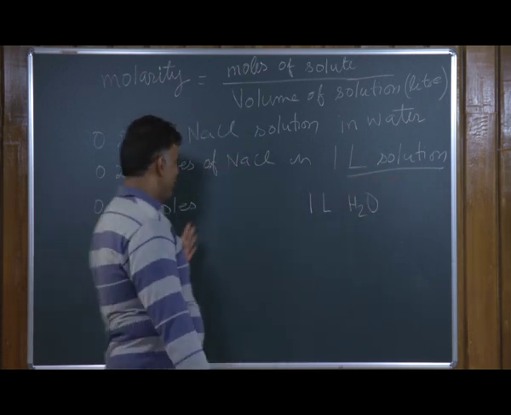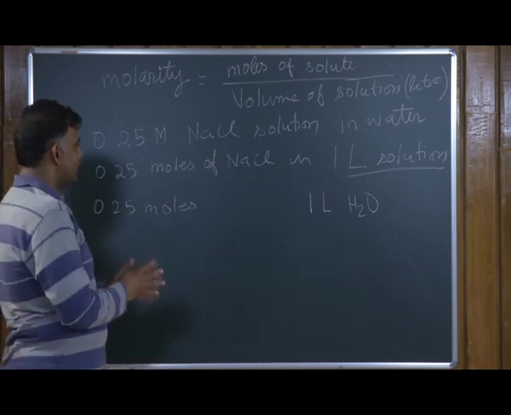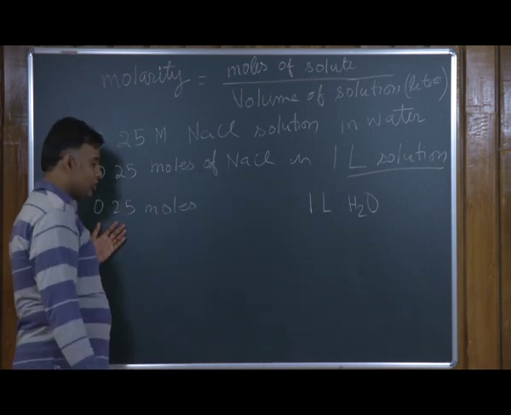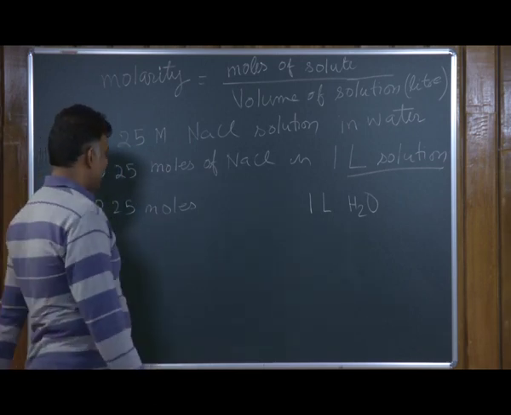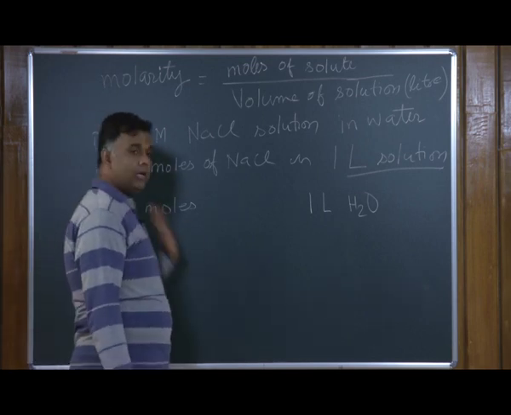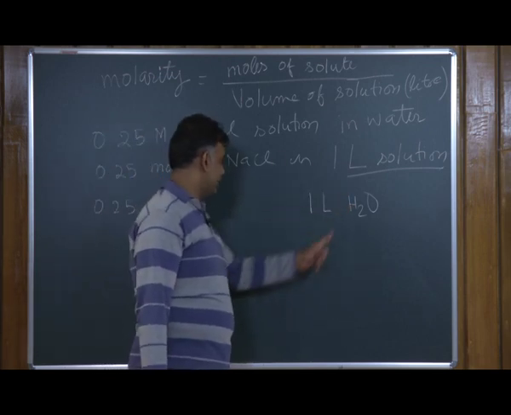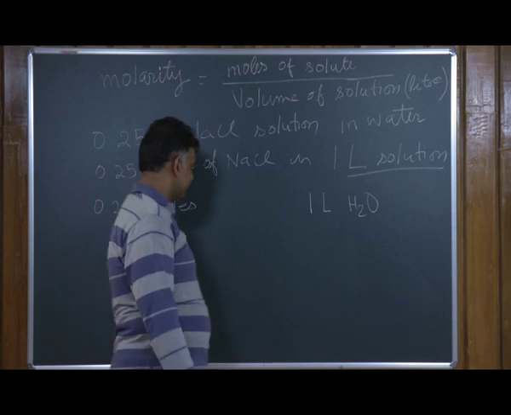So, basically we are going to add enough water so that the total volume becomes 1 liter. So, over here I am going to take 0.25 moles in a graduated flask, and I am going to add enough water that the total volume becomes 1 liter. It is not 0.25 moles in 1 liter water.